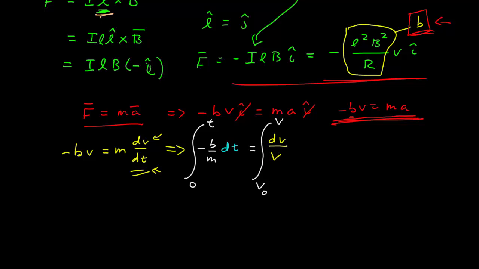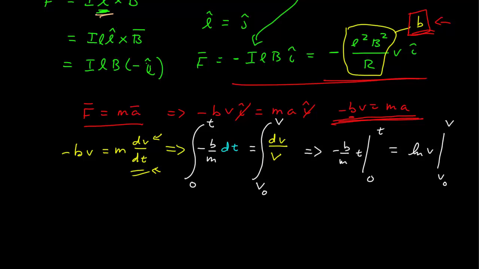Okay, so if we do the integrals of this, it is minus b over m t evaluated at 0 and t, and this is equal to the natural log of v evaluated between v0 and v.